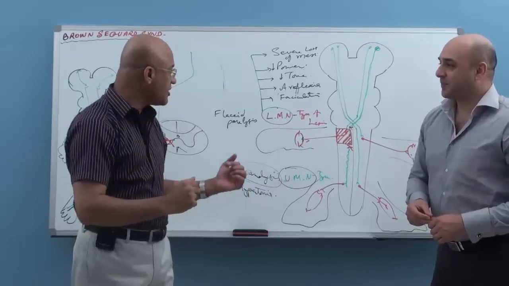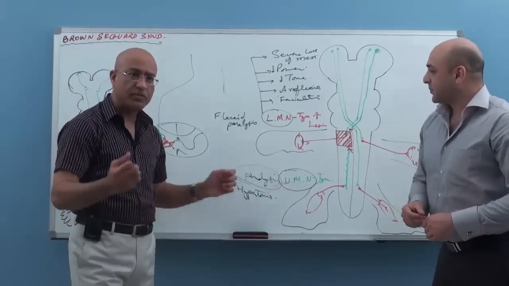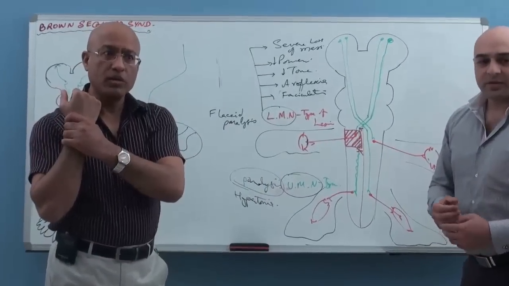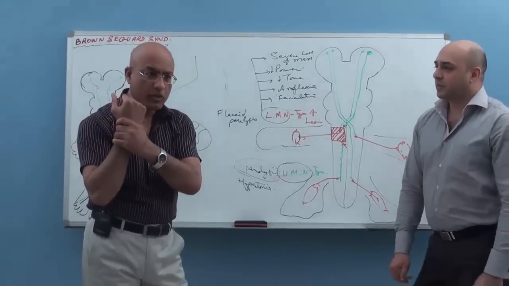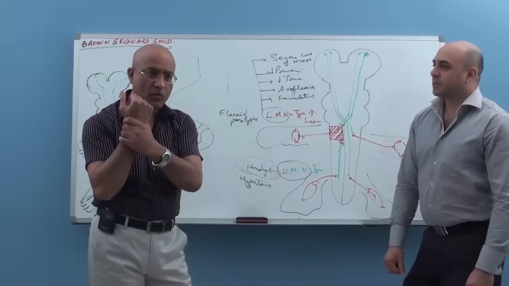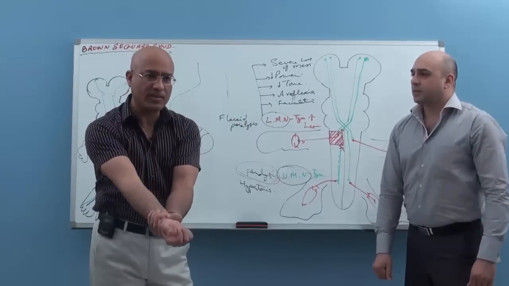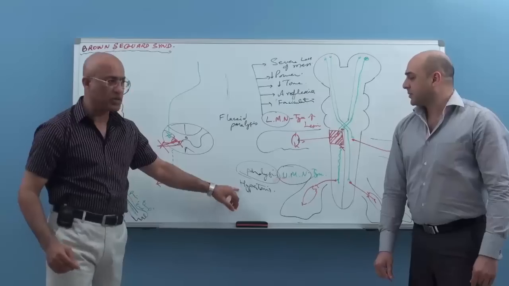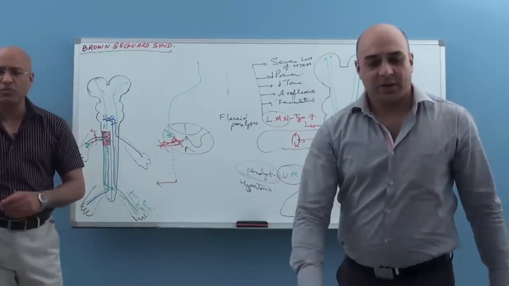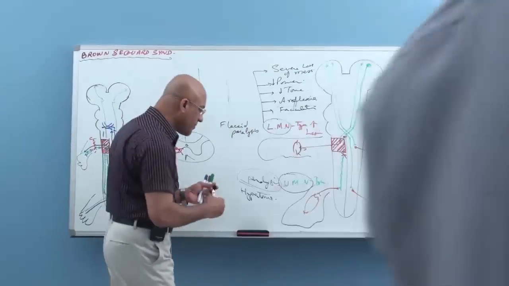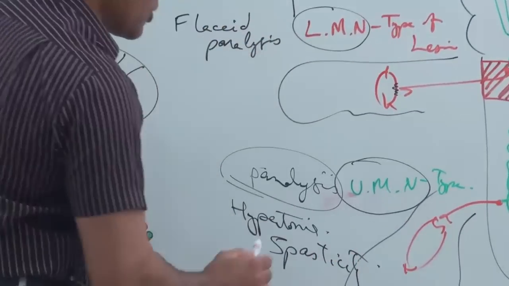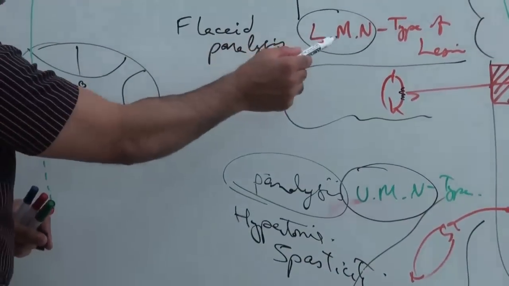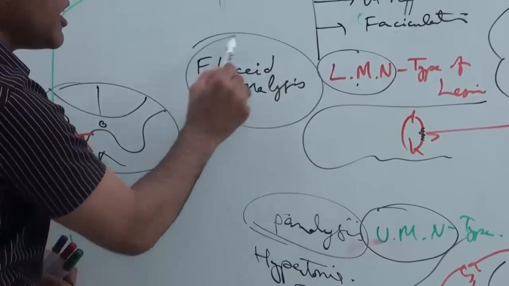So we say this type of hypertonia, in which there is initially excessive resistance to the passive movement followed by sudden loss of resistance, is called clasp knifing or spasticity.